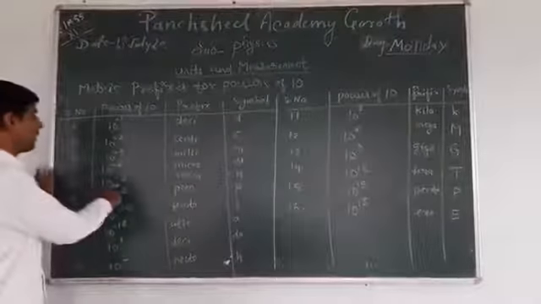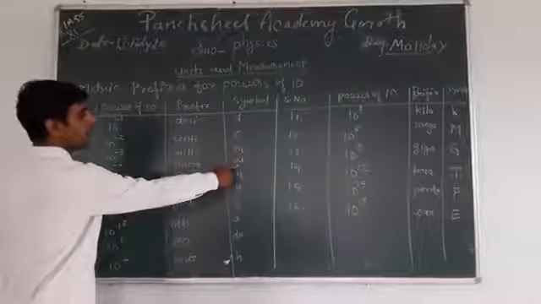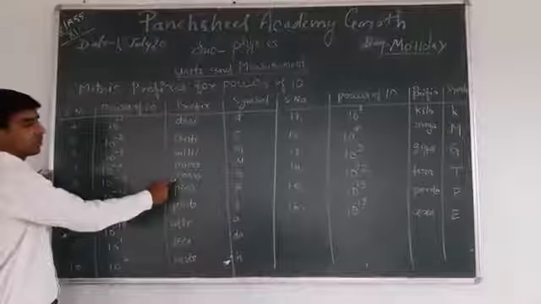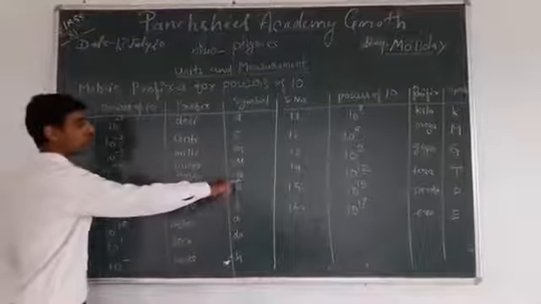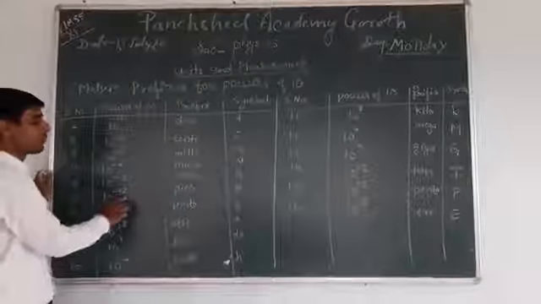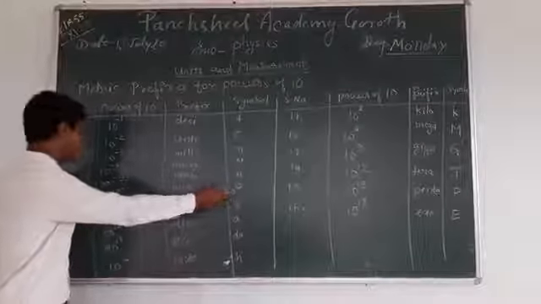Again, 10 to the power minus 6 is micro, and the symbol is mu. 10 to the power minus 9 is nano, symbol small n. 10 to the power minus 12 is pico, symbol small p.